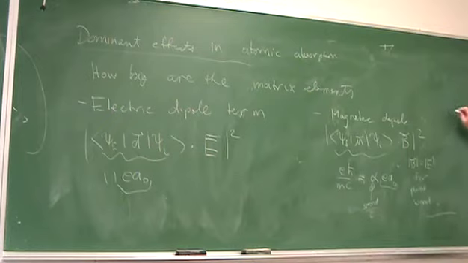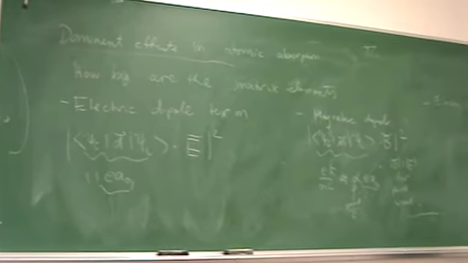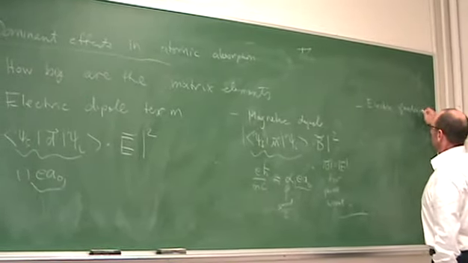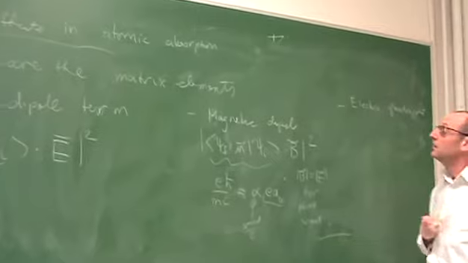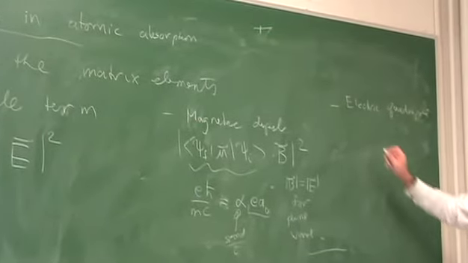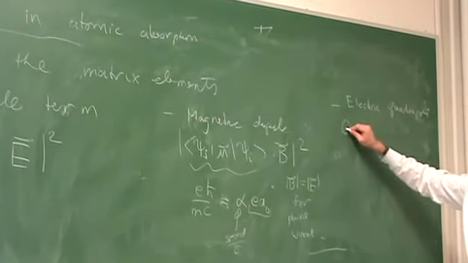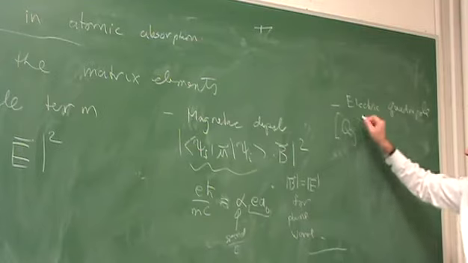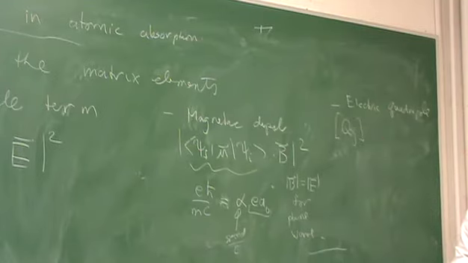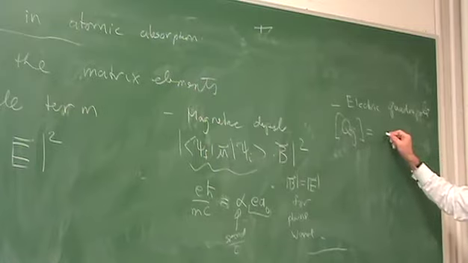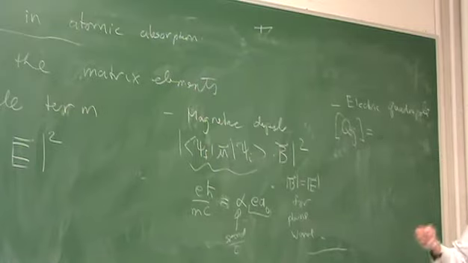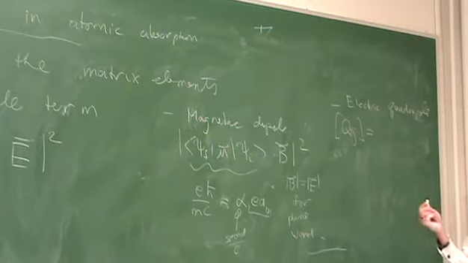What about the quadrupole? Well, let's think about the elements of the quadrupole moment. What are they? Well, they depend on the squares of the distance of the charges from the origin.